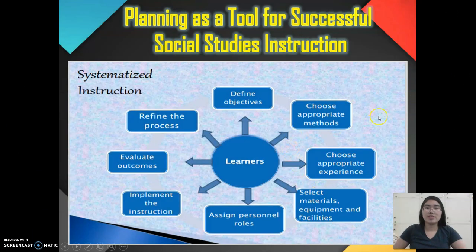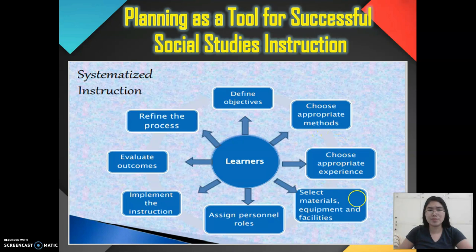In planning for social studies instruction, we as educators in SOCSTAD need to have an instruction that is systematized. So we need to follow a process. First, we need to define or create the measurable, specific learning objectives. From that objective, we choose the appropriate methods that are matched to our objectives.